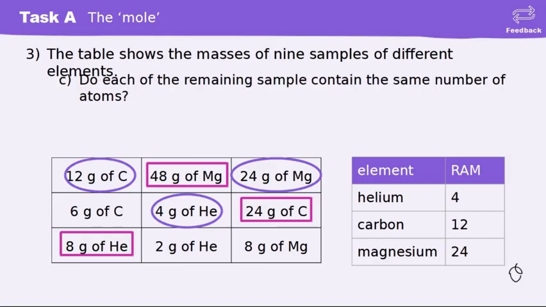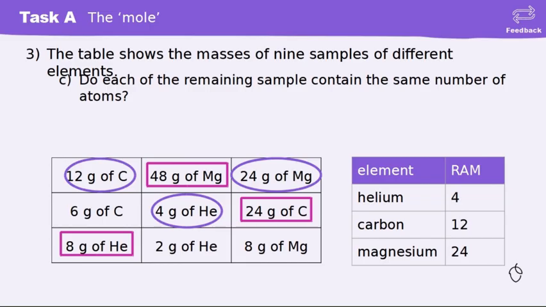And do each of the remaining samples contain the same number of atoms? And so 6 grams of carbon is half the relative atomic mass of carbon, and 2 grams of helium is half the relative atomic mass of helium. So those two would have the same number of atoms.